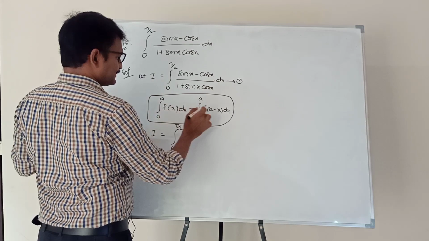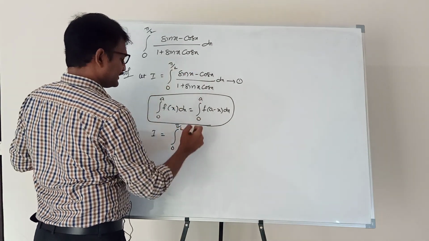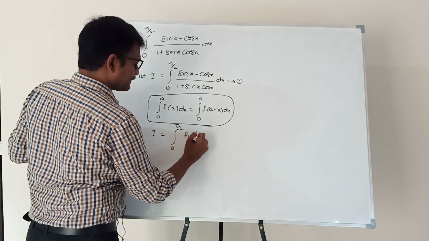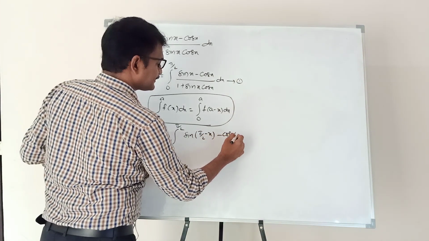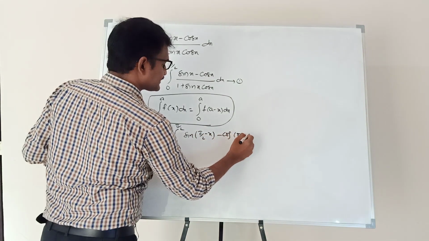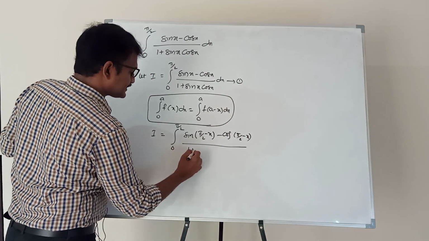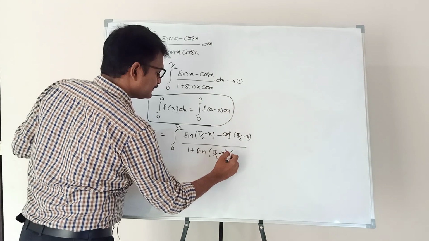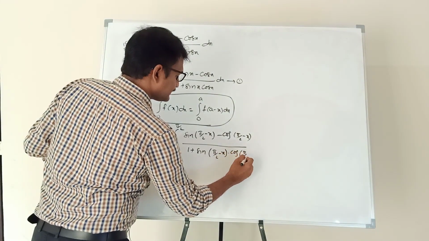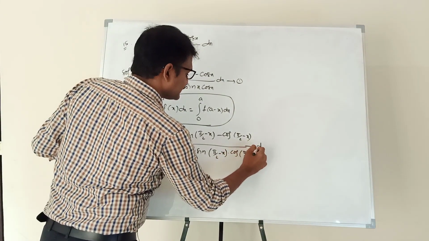So replace x with a minus x, x with pi by 2 minus x: sin of 90 minus x minus cos of 90 minus x, by 1 plus sin of 90 minus x into cos of 90 minus x dx.